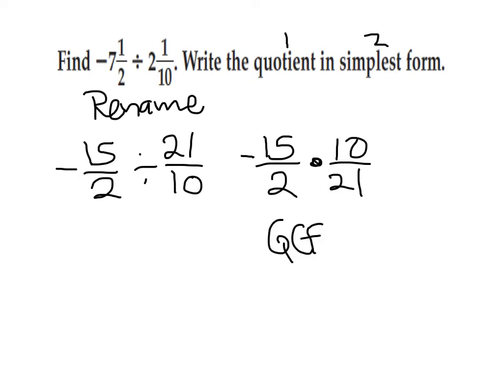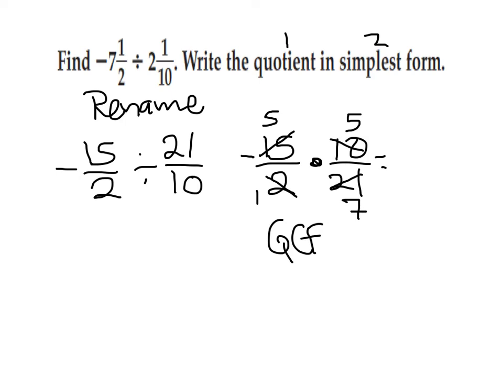Next, we look for the GCF. In this problem, we have something we haven't had before. We have 2 GCFs. Now, if you can see here, 2 can go into 2 once, 2 can go into 10 5 times. Then we could go ahead and do 15 and 21. We know that 3 can go into 15 5 times, and 3 can go into 21 7 times.